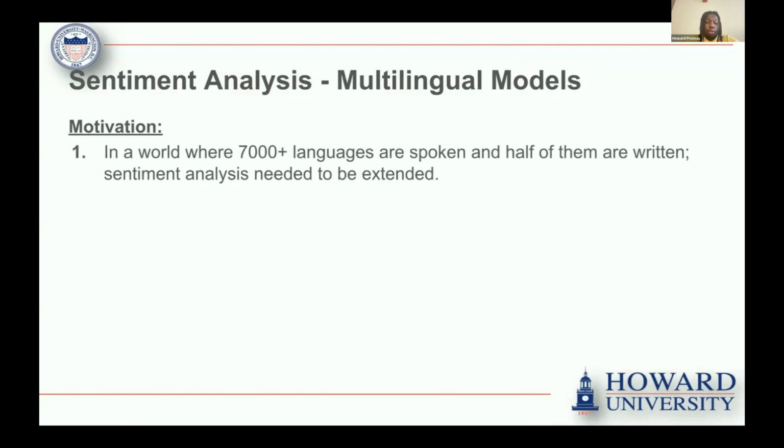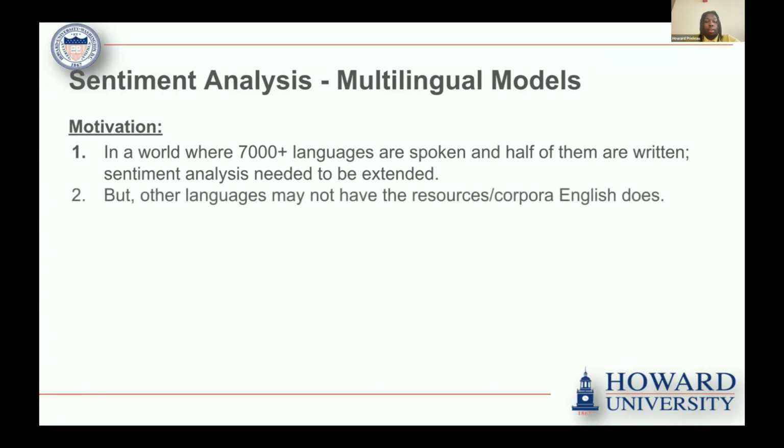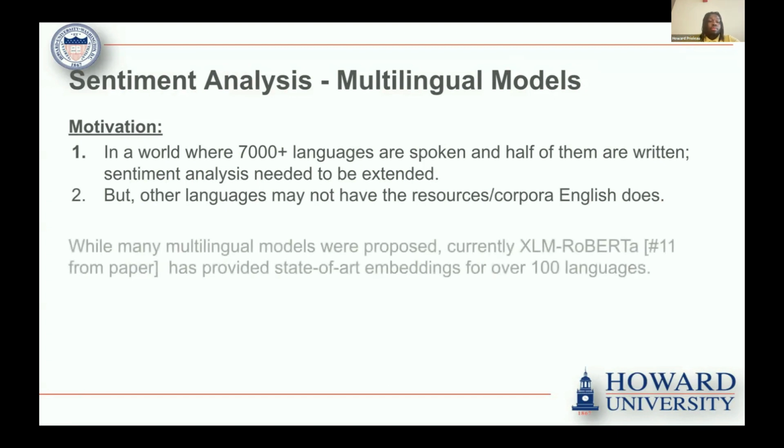In a world where 7,000 plus languages are spoken and half of them are written, sentiment analysis needed to be extended to branch out to other languages. But other languages might not have the resources that English does, or the availability on the internet or through data gathering sources.